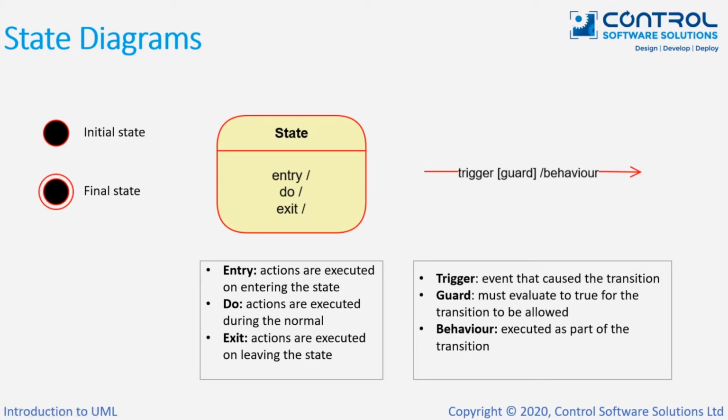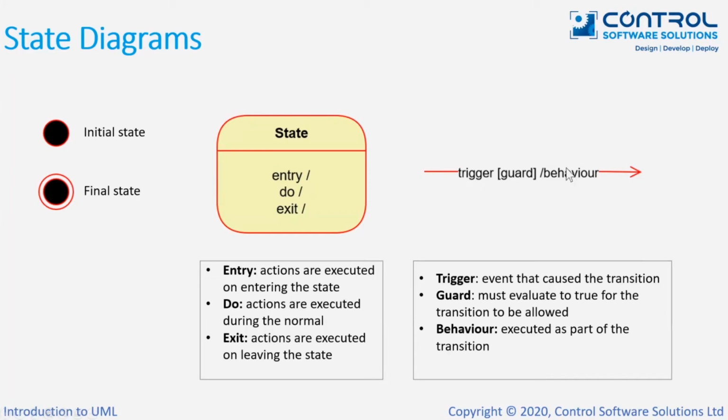This is something that has to happen on the transition. So for example, let's ignore the guard, let's just have a trigger slash behavior. We might have on e-stop as our trigger. So on pressing e-stop, we might move to another state.